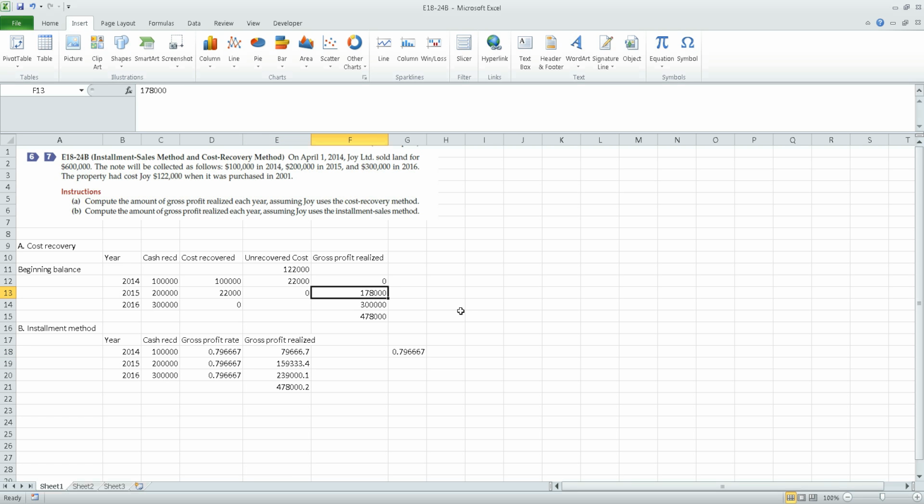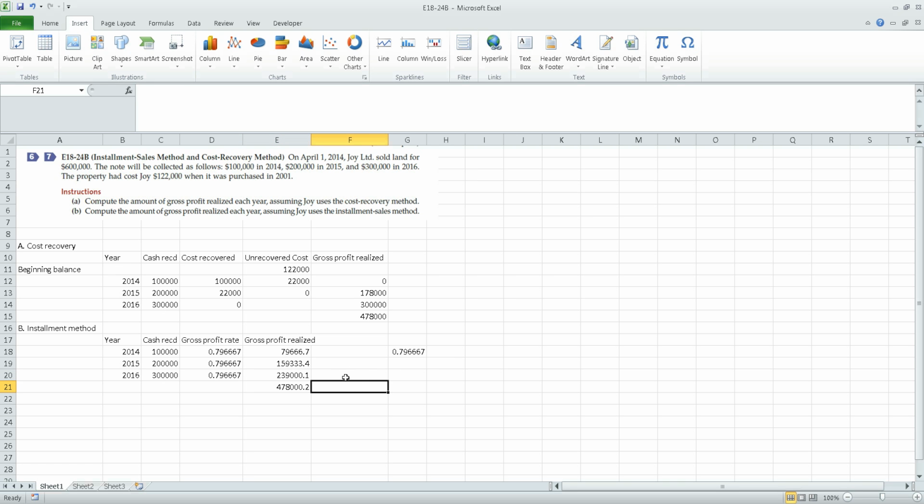In 2015, 178,000 versus 159,333 of profit was reported, and then in 2016, under the cost recovery method, we reported $300,000 of profit versus $239,000 under the installment method.